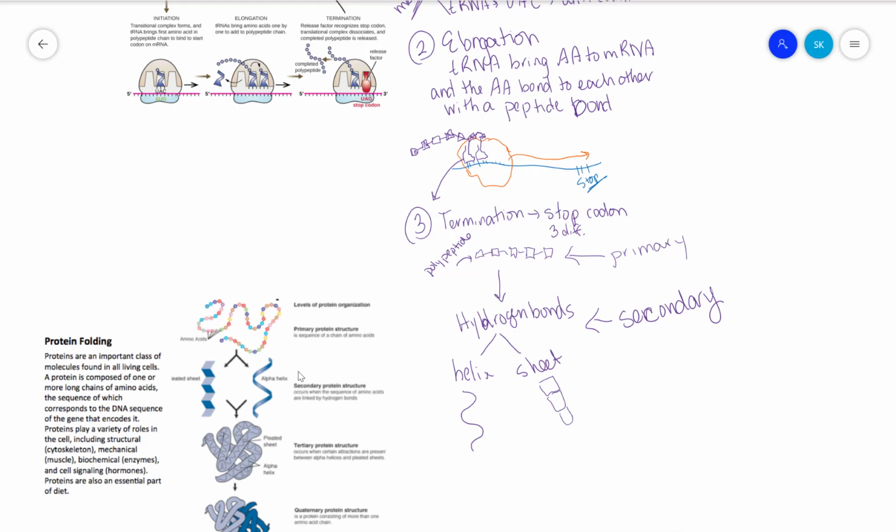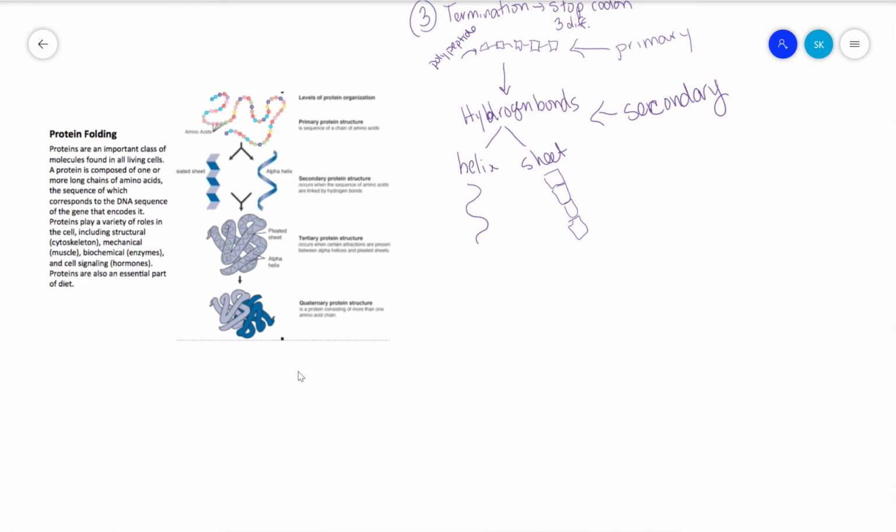Anyway, these two are going to be attracted to each other, and when you have a helix and a sheet interacting, we call that tertiary structure. Helix and sheets form bonds.